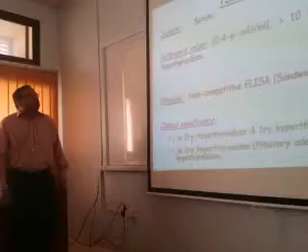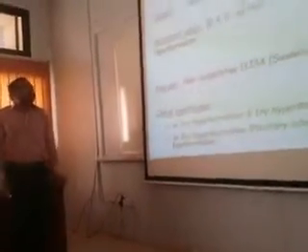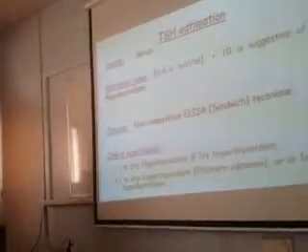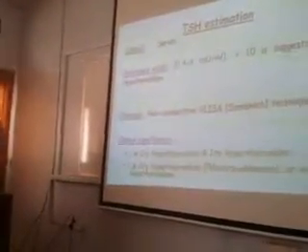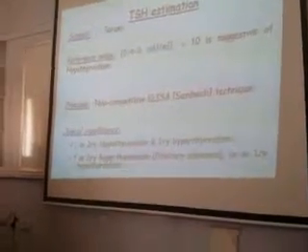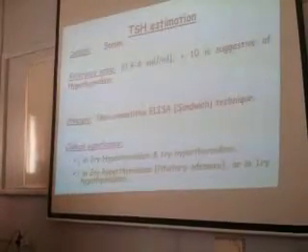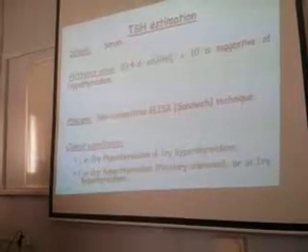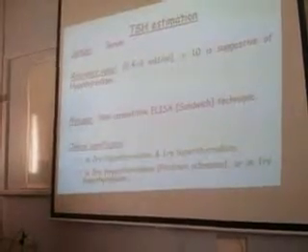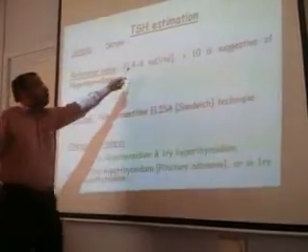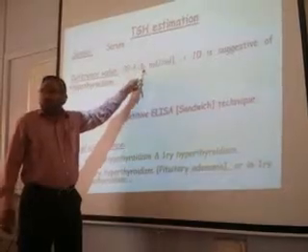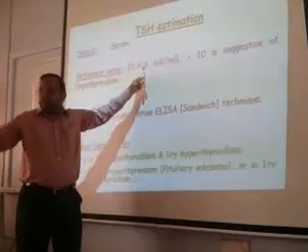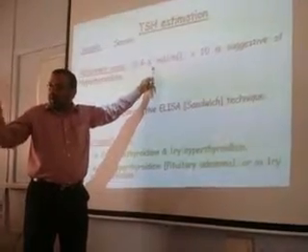Okay. So TSH estimation. The sample we need is serum. The reference value is 0.4 to 6. If more than 10, it is suggestive of hypothyroidism. So who asked this question? When do you label it as hyper or hypo? If this range is 0.4 to 6, if 6 is there, you can say it is the normal upper limit.